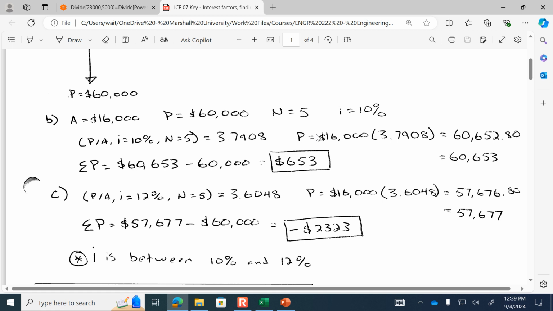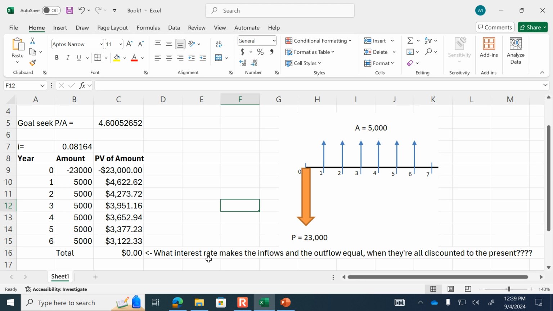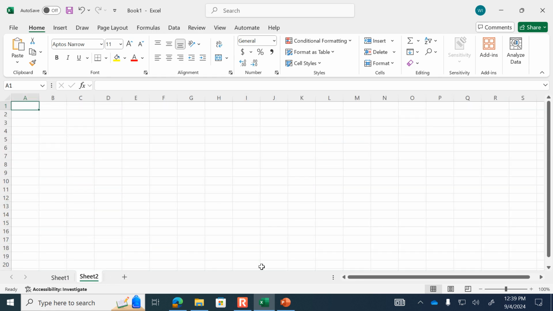So how do we confirm the same answer of, what is the rate of return using Excel? If I just start another sheet here in Excel, I'm going to have a value where I put in a guess interest rate starting with 1% and then a column of year, amount, PV of amount.